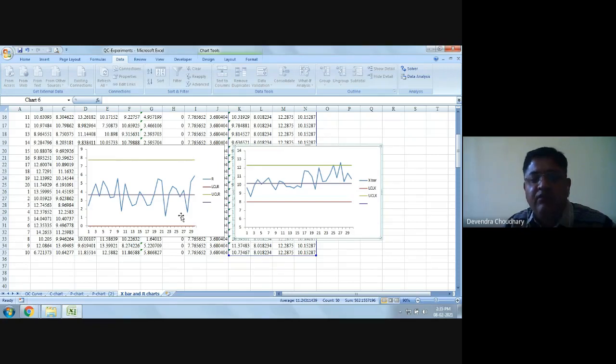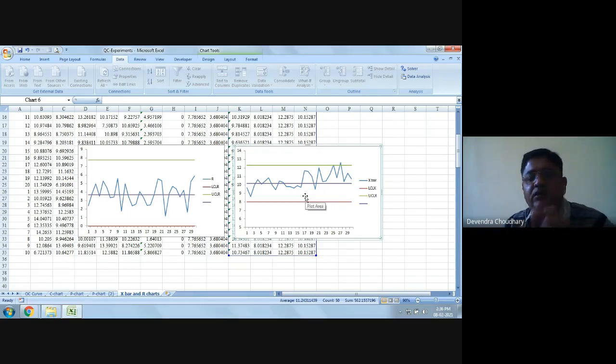When variability increases, points will start falling above the center line on the R chart, and on the X bar chart they may fall on both sides of the center line, but far away from the center line, and they will fall close to or beyond the upper and lower control limits. So this was the impact of variability.